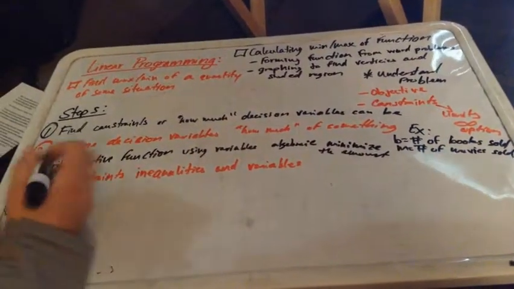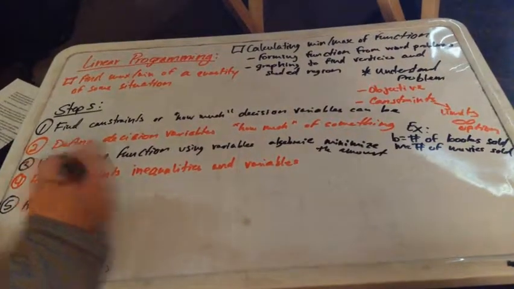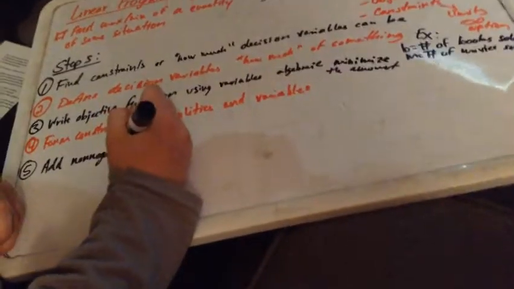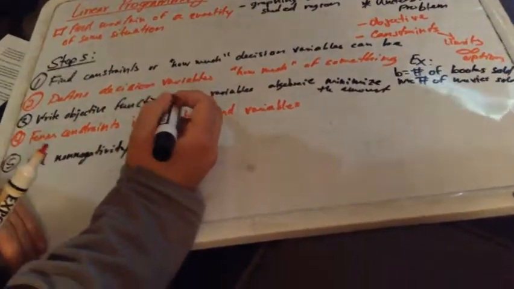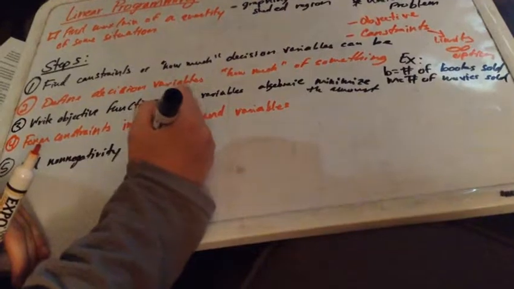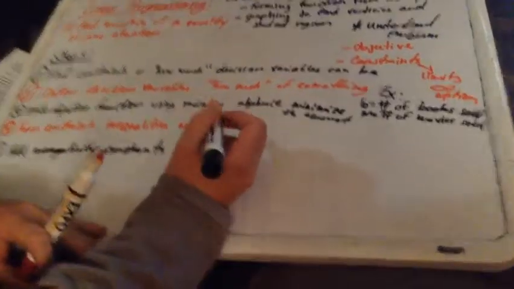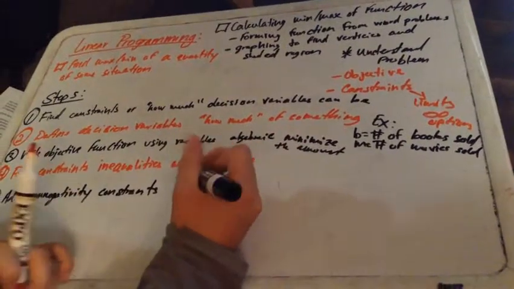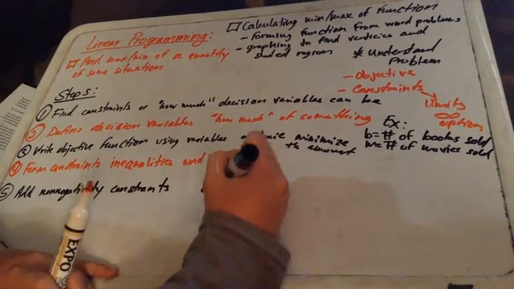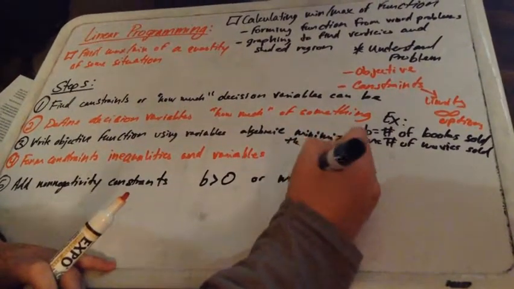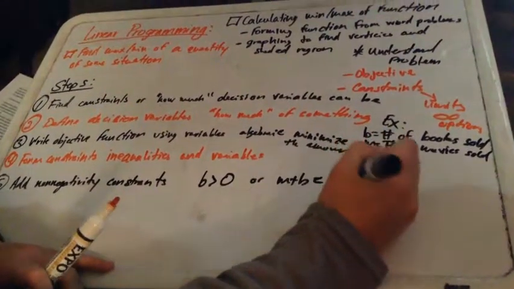Step 5 is to add non-negativity constraints, which are equations to form your origin. So it could look like b is greater than 0 or m plus b is less than 50.